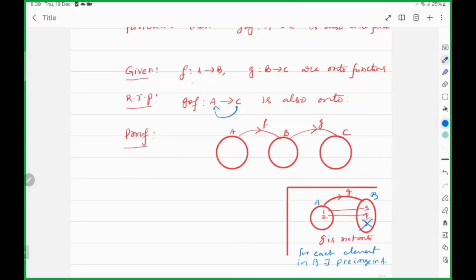I'll take the help of the given condition. g mapping from B to C is onto.